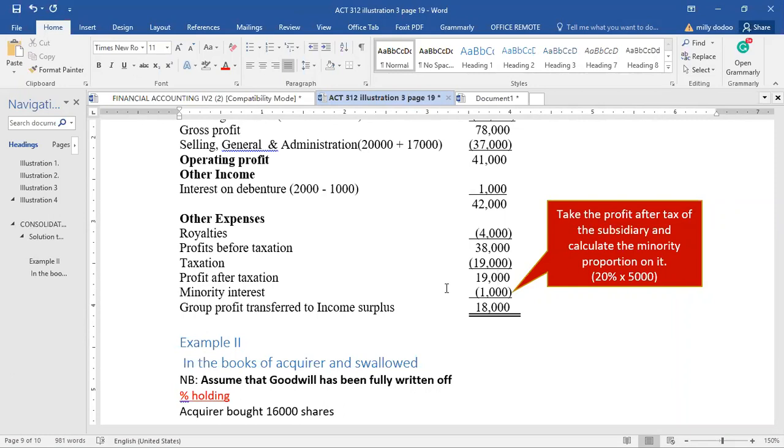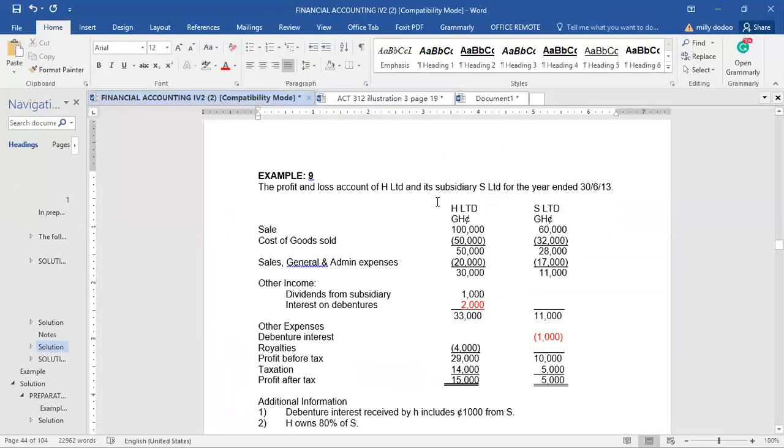Why am I saying it's equivalent to 200%? Because H here itself is 100% owned. S here, H is 80%, minority is 20%. So this is another 100% here. So if I'm adding 100% here and 100% here, it means it is 200%.